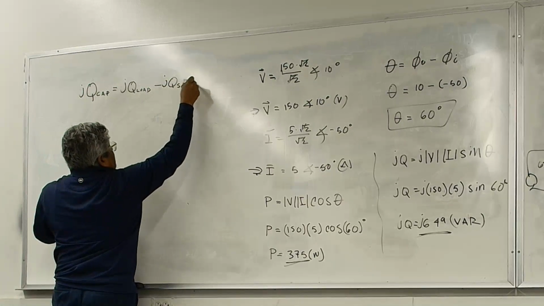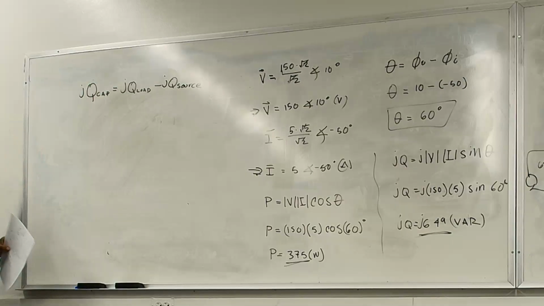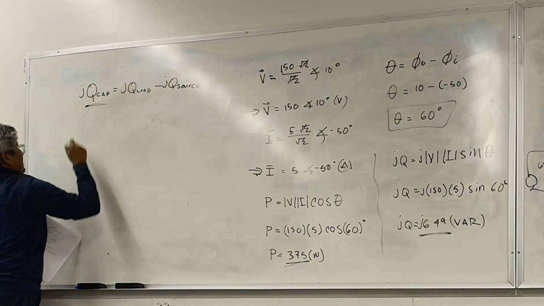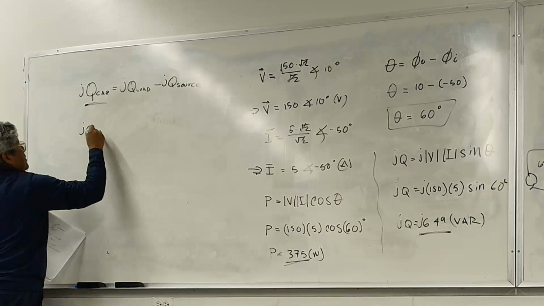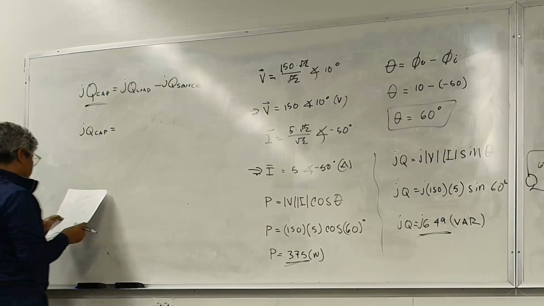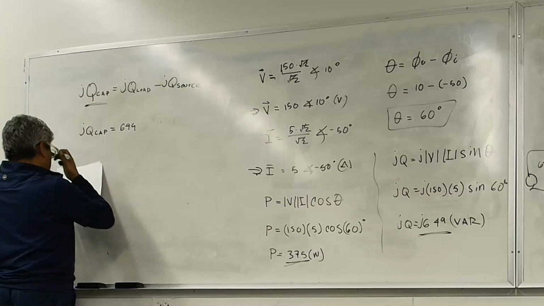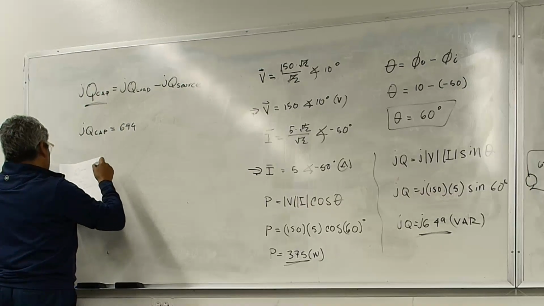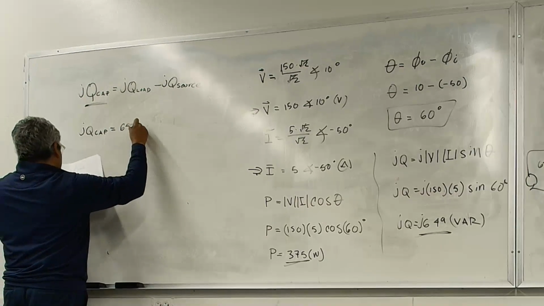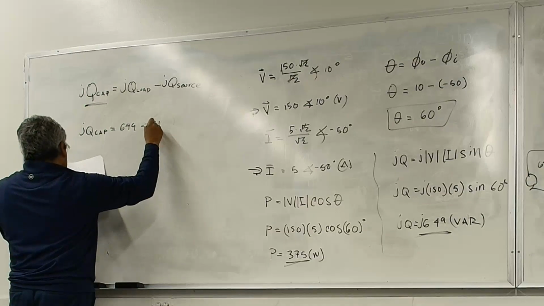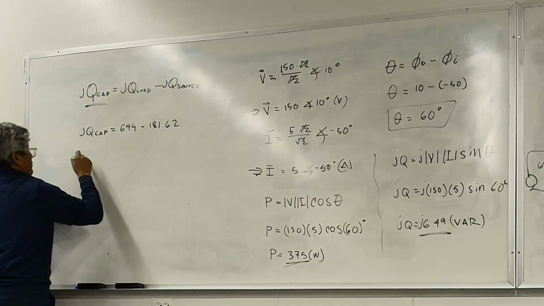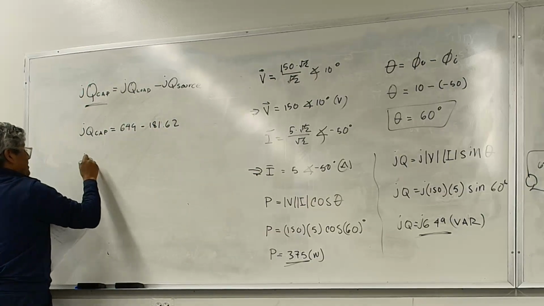This is what the source of the utility is going to give me, so I have to provide the rest. The load doesn't change. The load is going to remain 649 minus 181.62, which is what the source can only give me, so the cap needs to be this big.